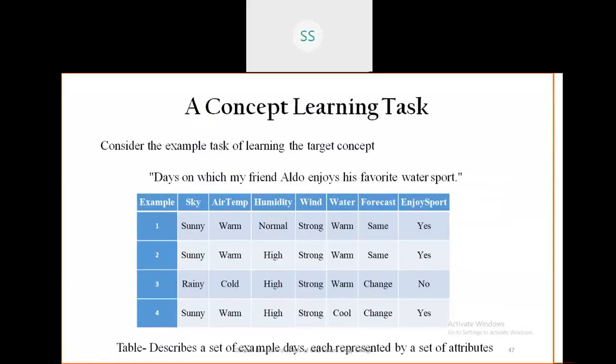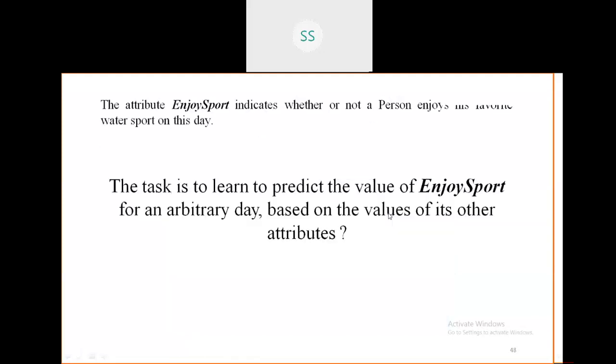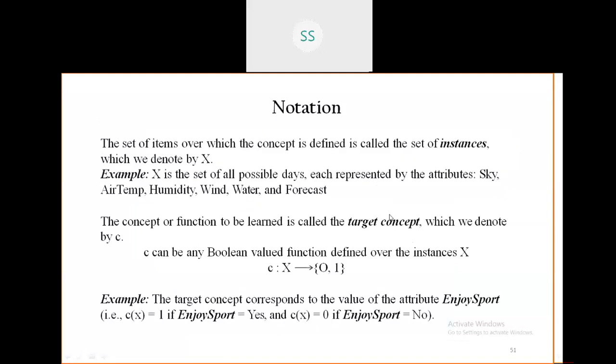Let us go back to the previous example. 1, 2, 3, 4. These are all the four examples: the first item, second item, third item, and the fourth item. All these four items collectively represent, or define, the concept.